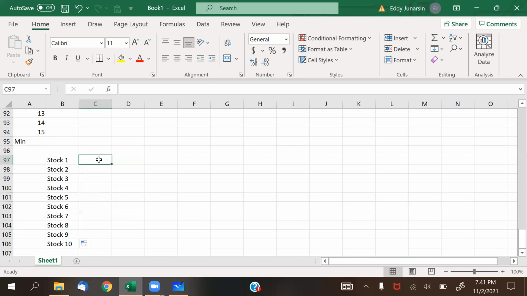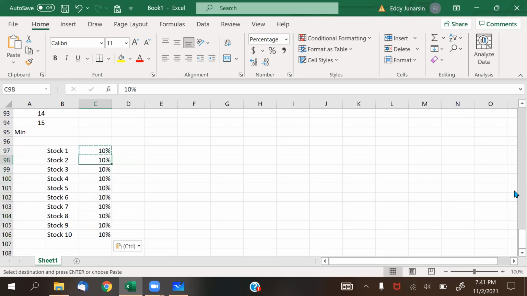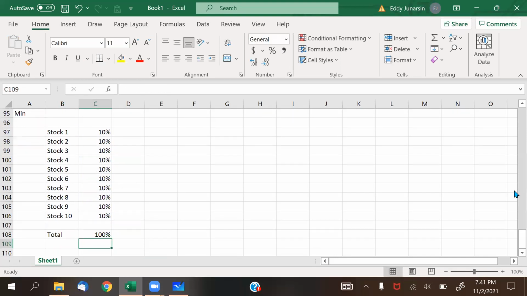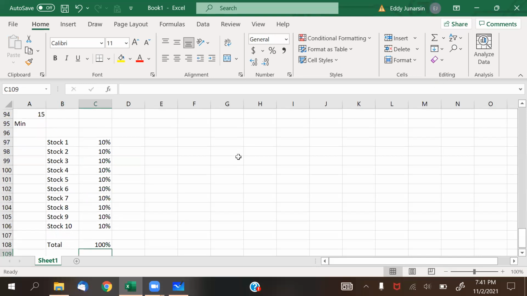But for now, just pretend to write anything, okay? It will automatically change later, but we just write anything for now. The easiest way would be just to spread it equally, and then the total would be, of course, 100%. So for now, just do it this way.